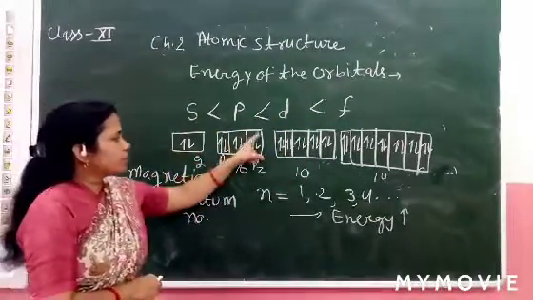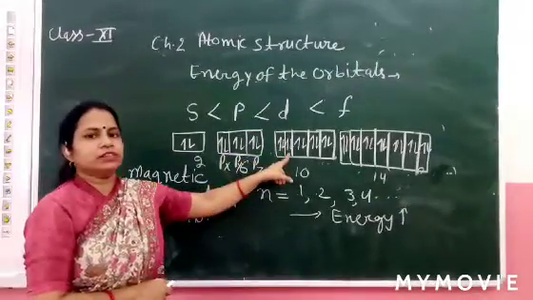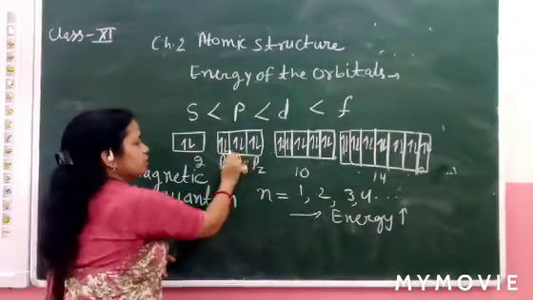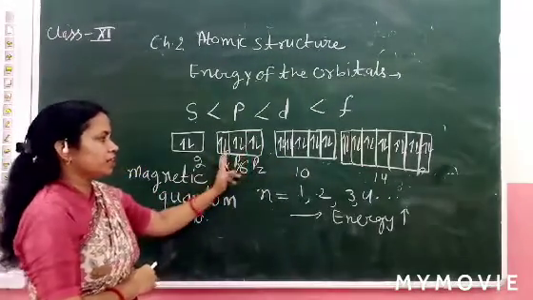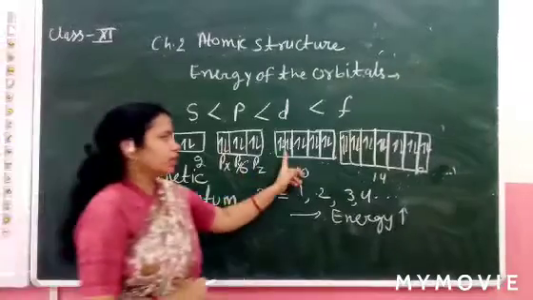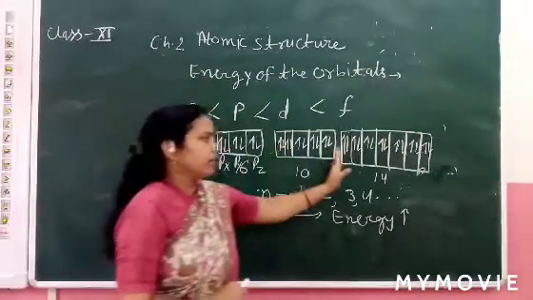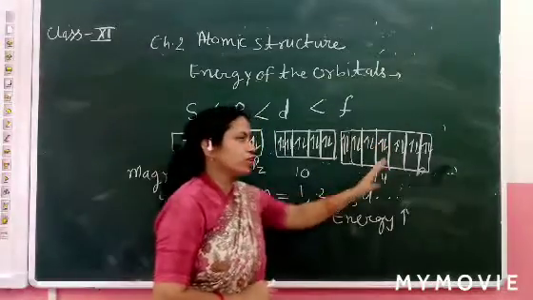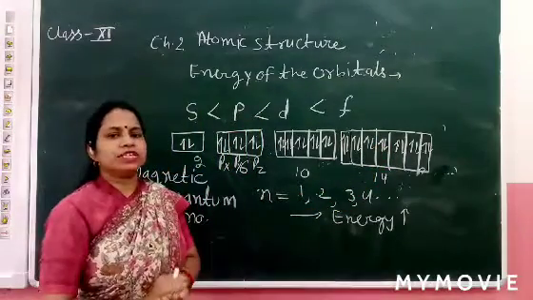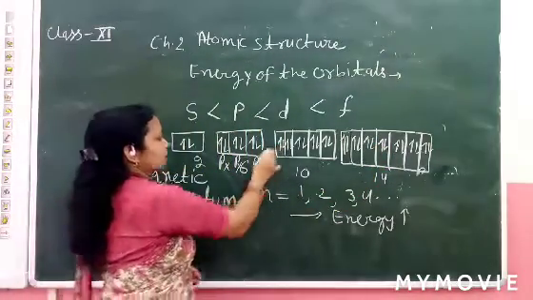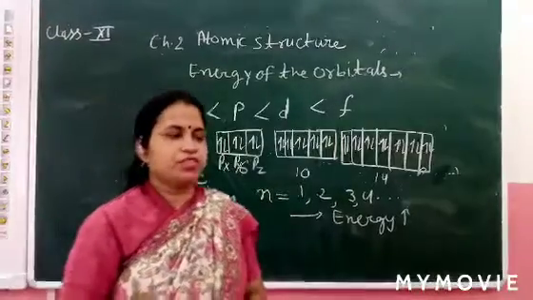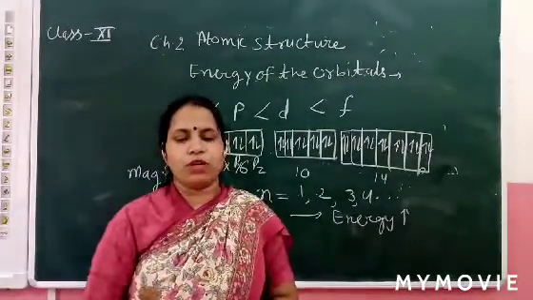These are called degenerate energy levels. Their energy is the same; these subcells have the same energy. There are 5 subcells that have the same energy, and 7 subcells that also have the same energy.